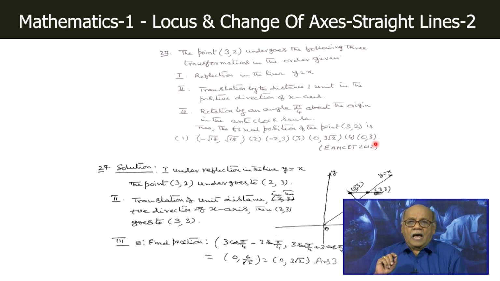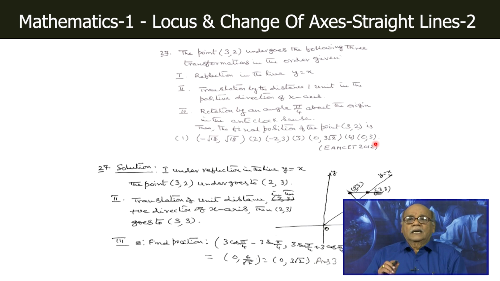Suppose the origin is shifted to a point (x1, y1) with respect to the old system, and suppose capital X comma capital Y are the new coordinates of the point small x comma small y. Then it is known that small x is equal to capital X plus x1 and small y is equal to capital Y plus y1.